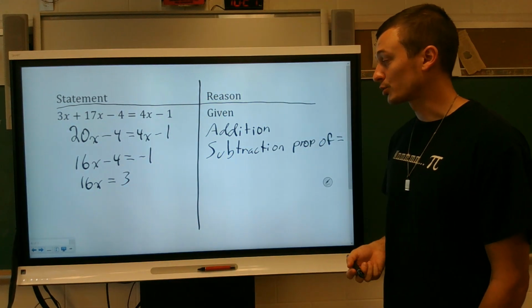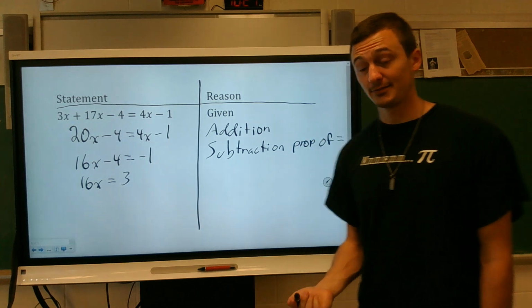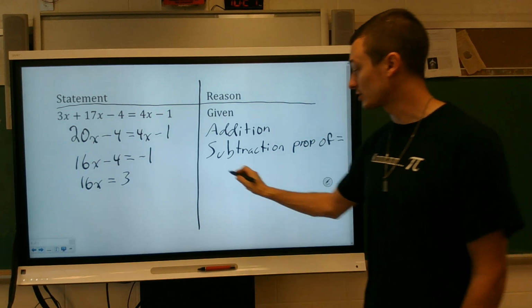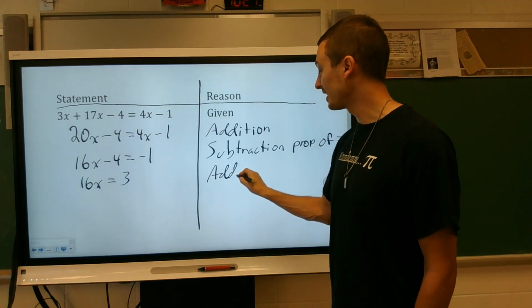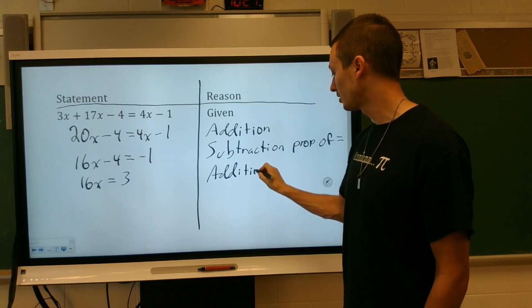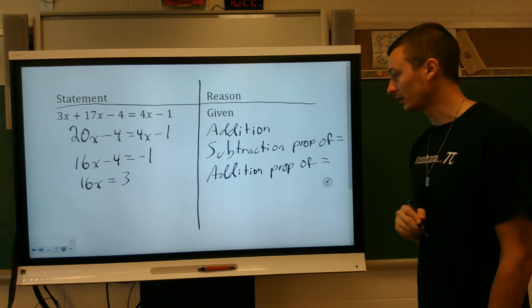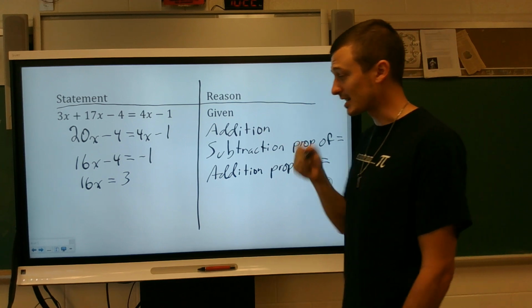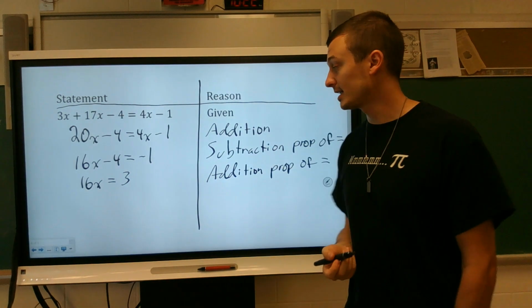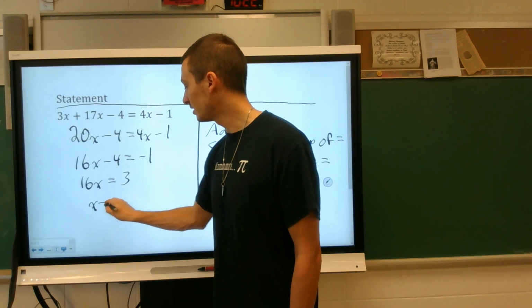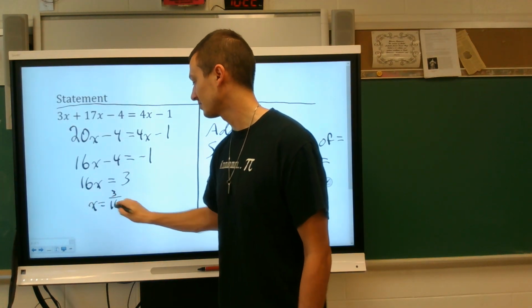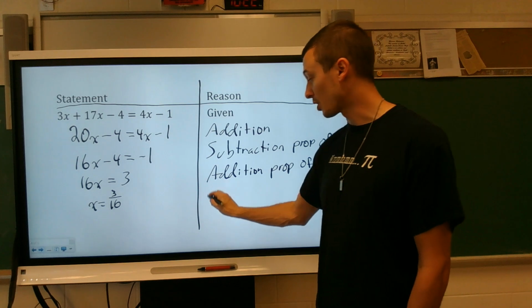So 16x equals 3. What did I do? I added 4 to both sides, so that would be the addition property of equality. And my last step would be to divide both sides by 16. So x equals 3/16. And that's the division property of equality.